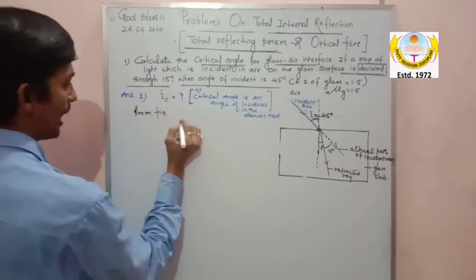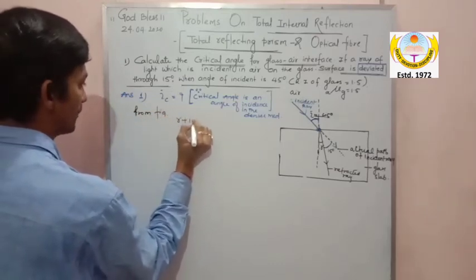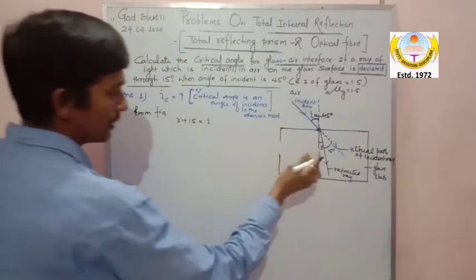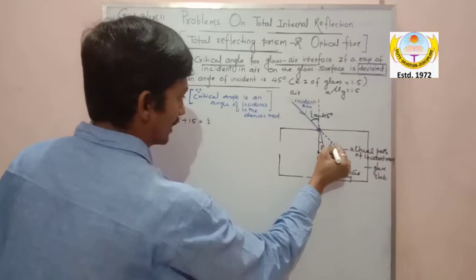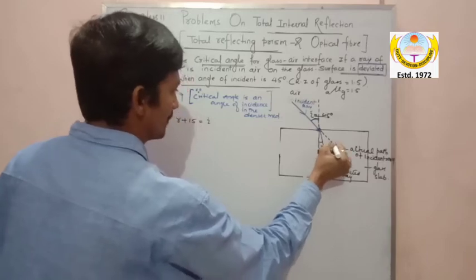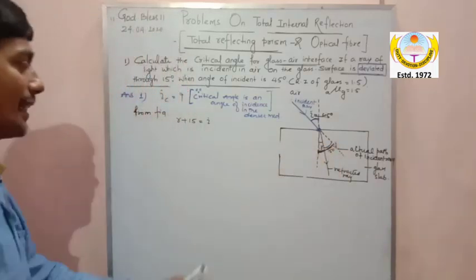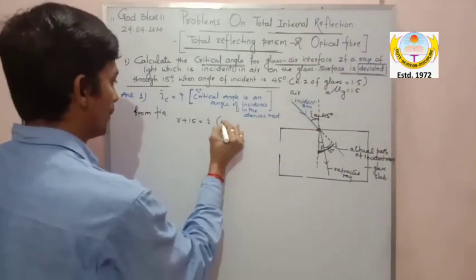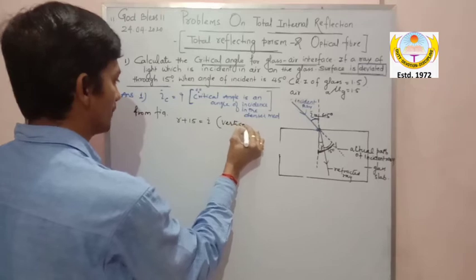So now my dear, from figure you can see, now question is easy. From figure, R plus 15 is equal to I, because this total angle will be your I as vertically opposite angle.